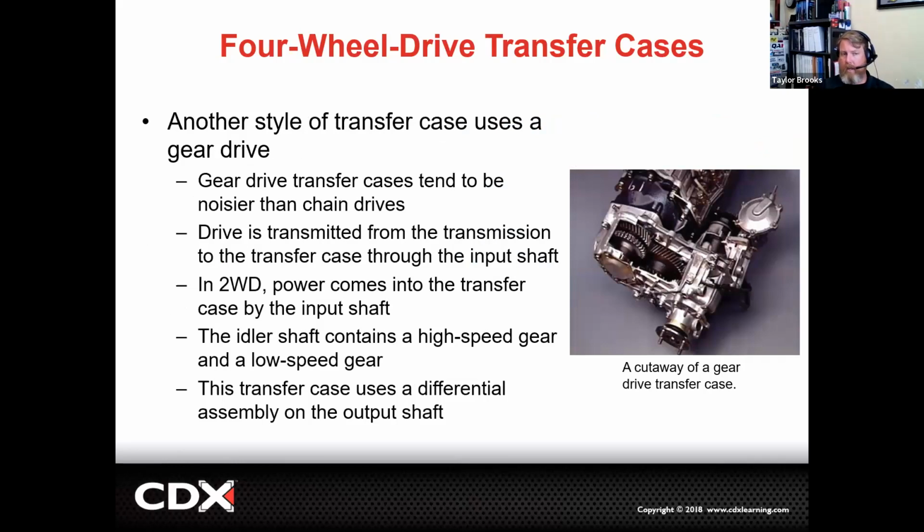We often see a lot of these gear style transfer cases will have a center differential. And that center differential will be there to assist so that the front and rear will not bind.